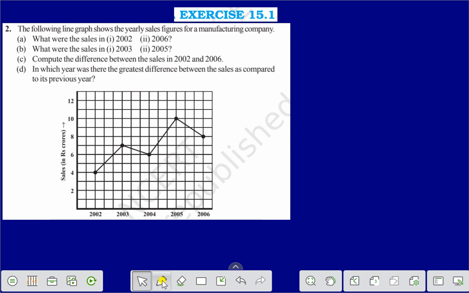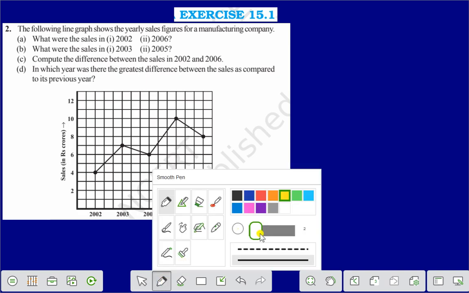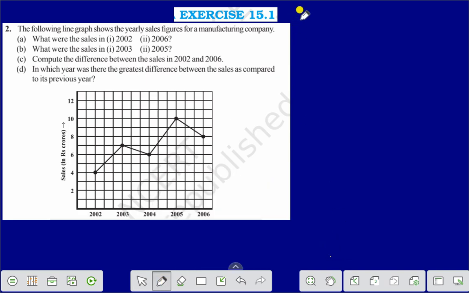What were the sales in 2002? In 2002 the sale is 4 crore rupees, right?